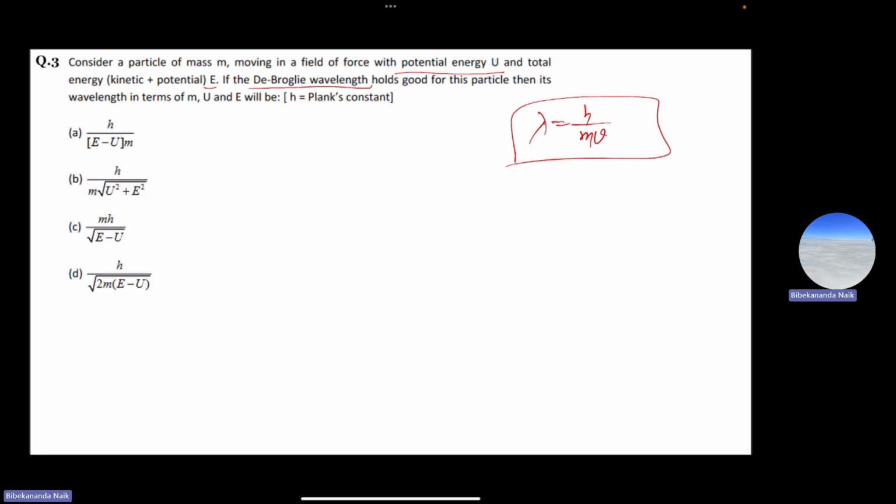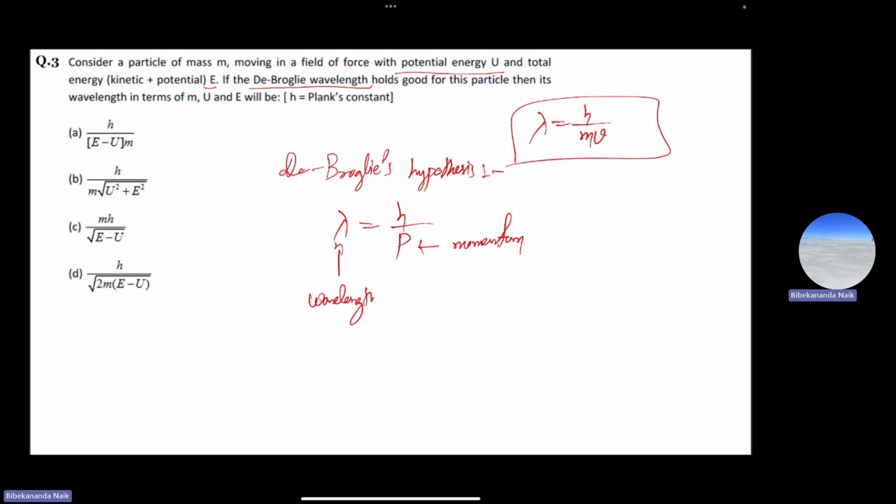So let's solve this question. According to de Broglie's hypothesis, lambda equals h by p, where p is momentum, and lambda is the wavelength.